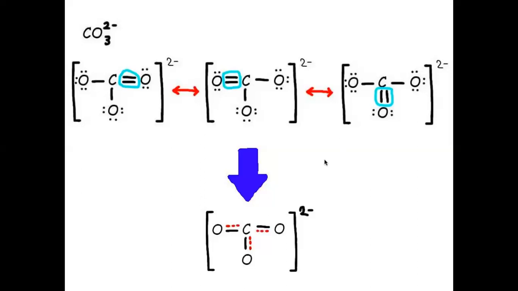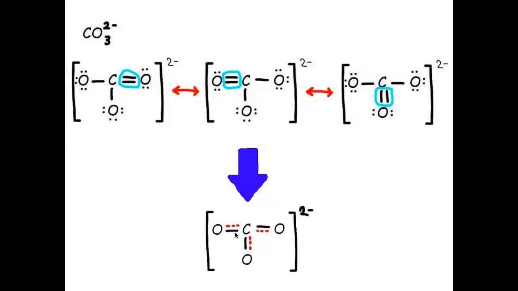So what we're going to do is draw a resonance structure, which we're going to show using this type of symbol below. We have our carbon in the middle and our 3 oxygens around the central atom.